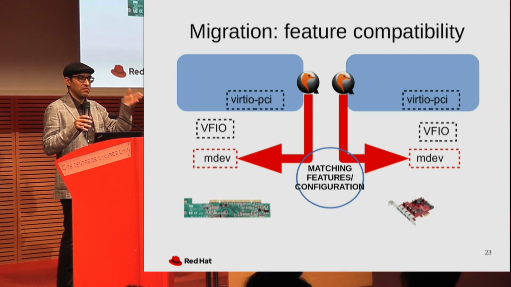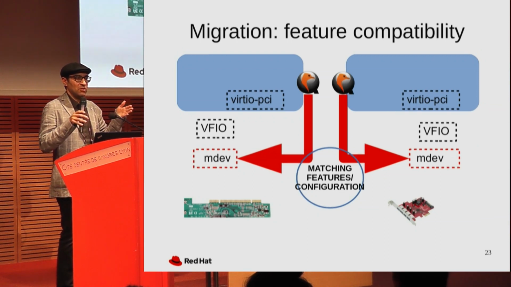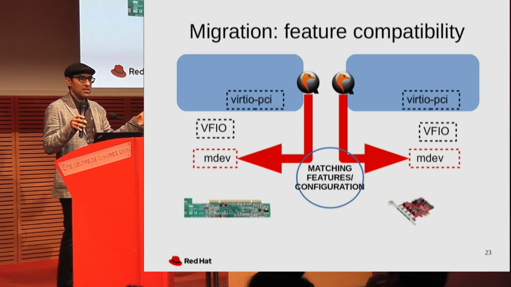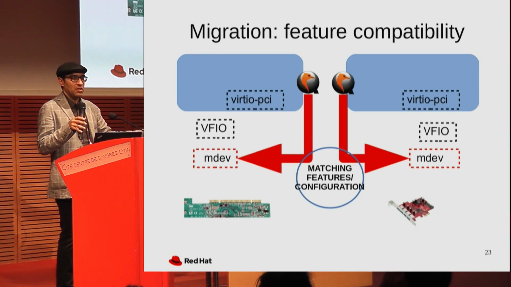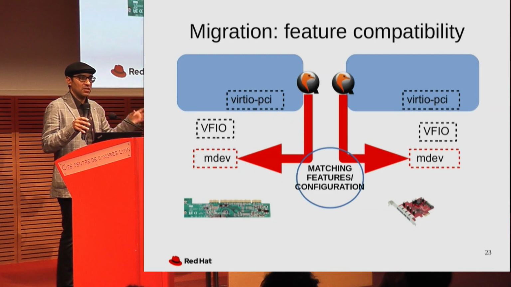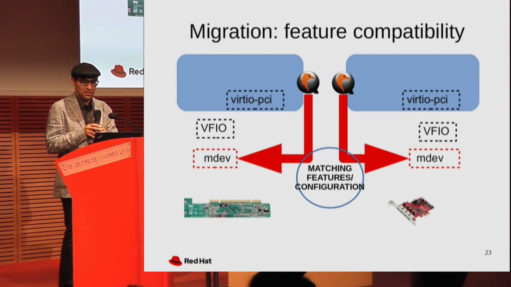So QEMU blocks specific features on the source which are not available on the destination, and vice versa. Once we have this compatibility in the configuration, we can safely move the guest, and it will not notice that anything happened.